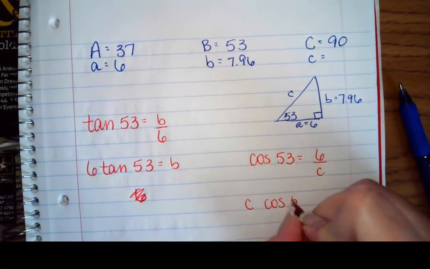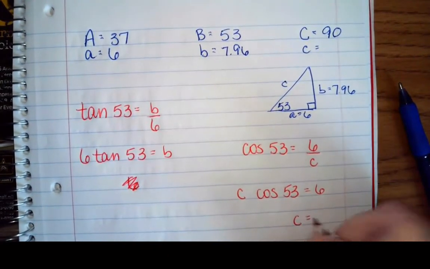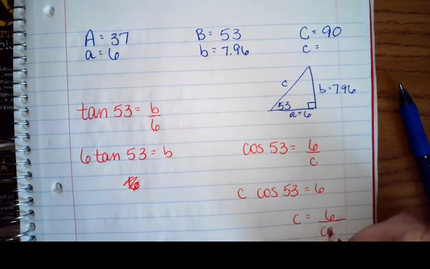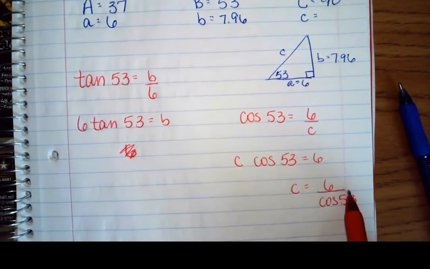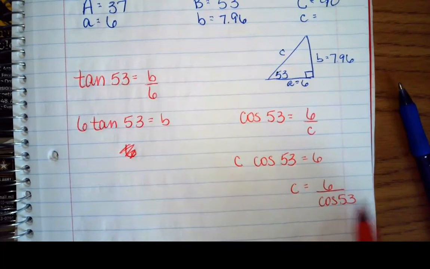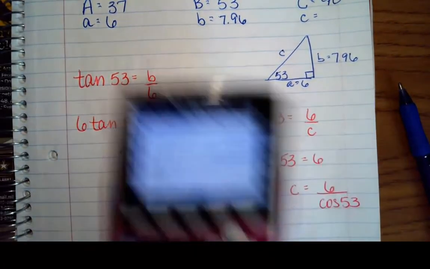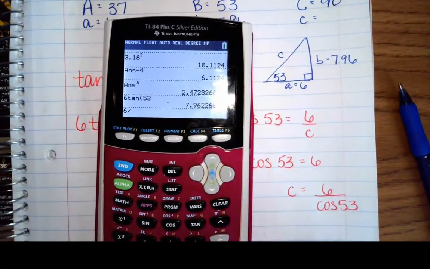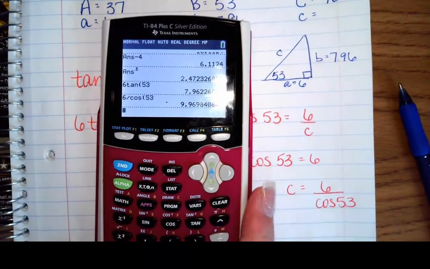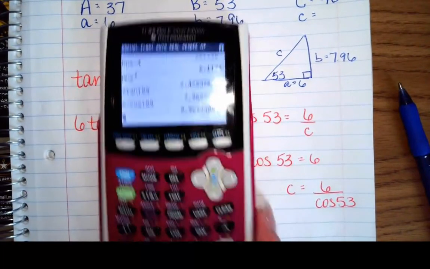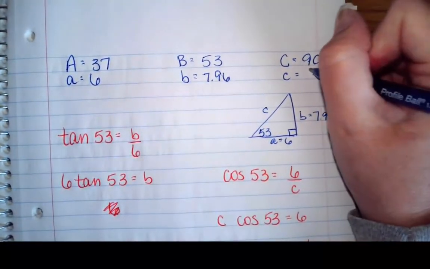So c times the cosine of 53 is 6. Then divide both sides by cosine. And I get c equals 6 divided by the cosine of 53, which is the same thing as 6 times secant of 53. So 6 divided by the cosine of 53 gives me 9.97. So I find out that c is 9.97.